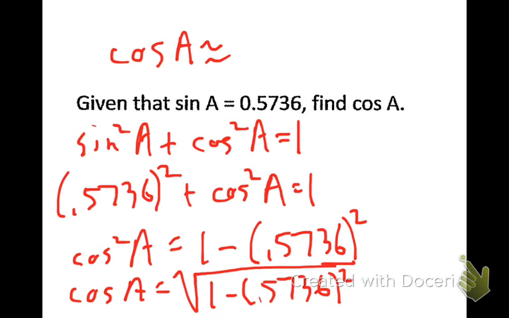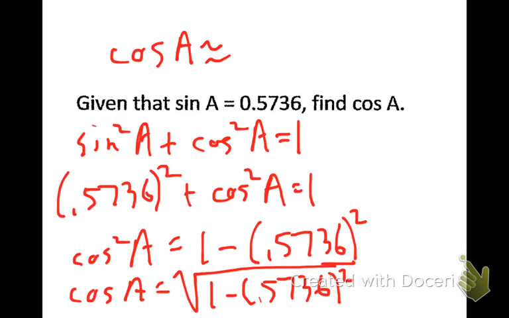Yes, speak up. Alright, she didn't have a calculator. So, Emma, what'd you get? 0.65. Nope. Zach, what'd you get? 0.8191.